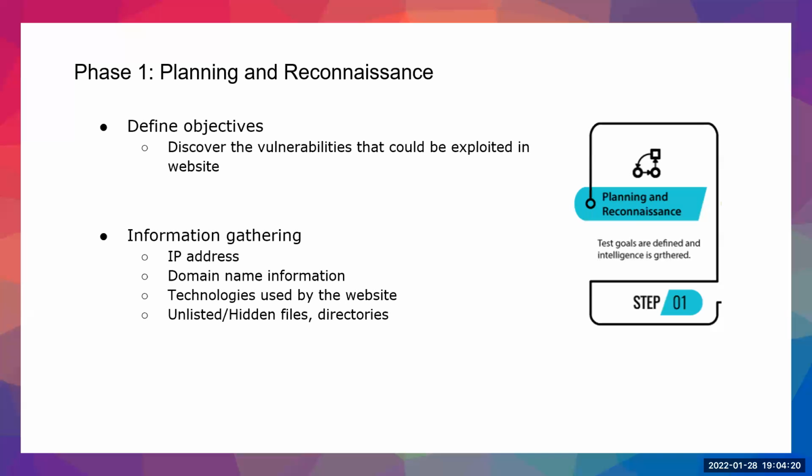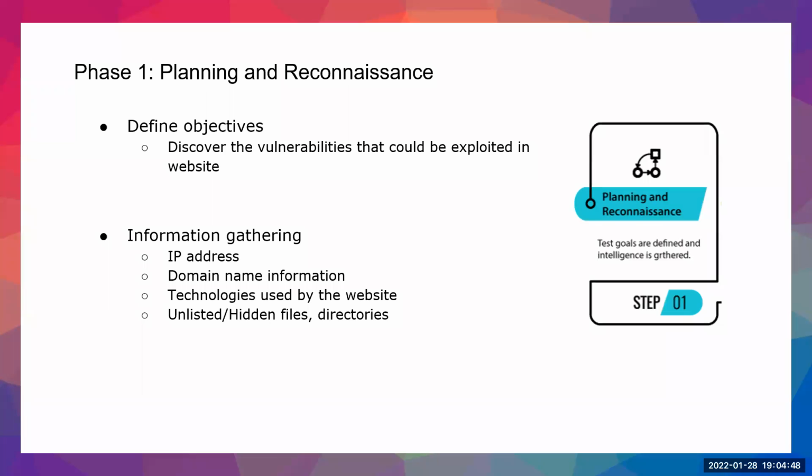If we go back to the phases of ethical hacking, phase one is to plan and perform reconnaissance on the target. Before any penetration testing, we need to clearly define our objective, followed by gathering information around the website.